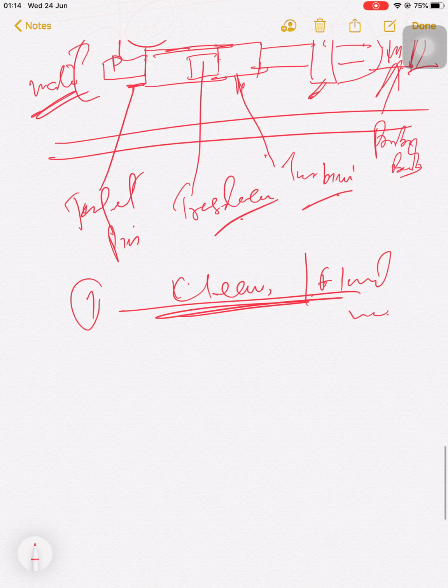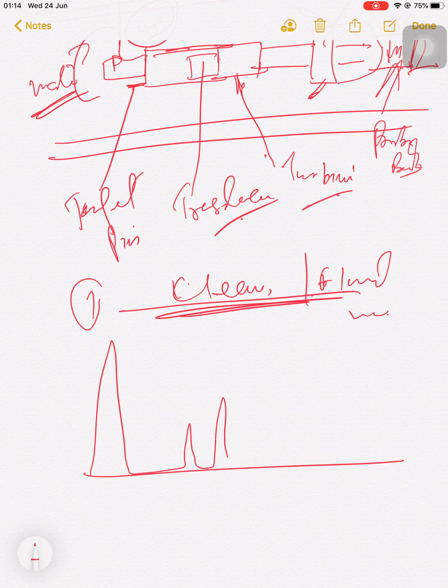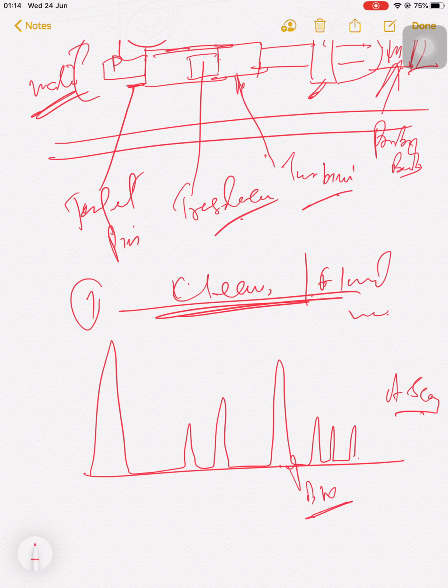So how it works, then you will get the echo. This is the A scan. This is the back wall, this is the front wall, and this is the target.